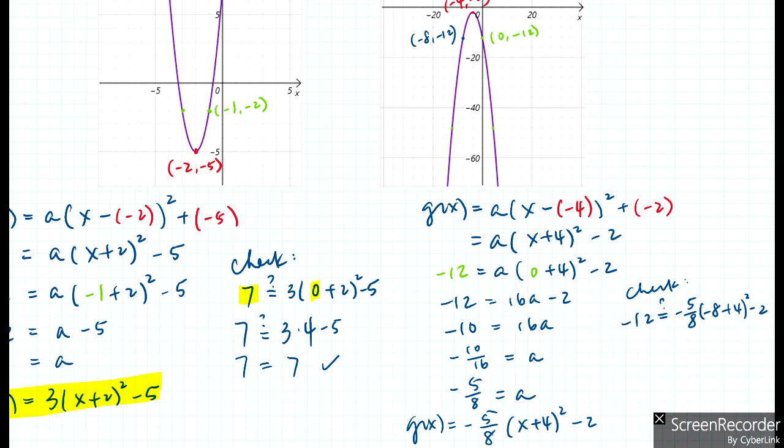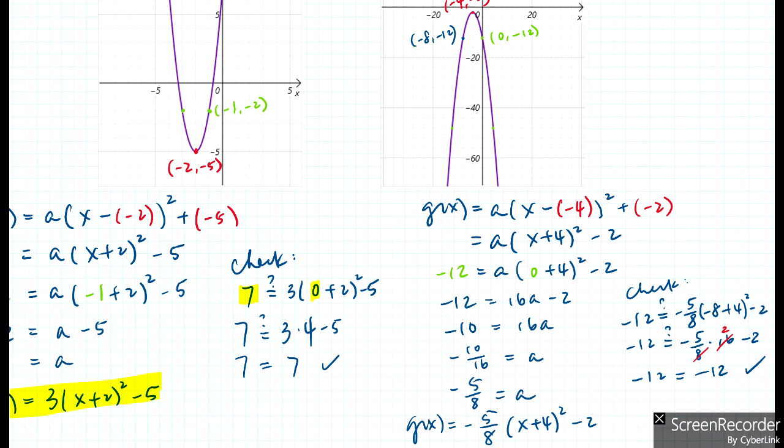On the right side, we have negative 5/8 times negative 8 plus 4, which is negative 4. Squared will be 16, minus 2. There's a little cancellation, we get 2 over here. If we simplify, we can see negative 12 is equal to negative 12 on the right hand side.